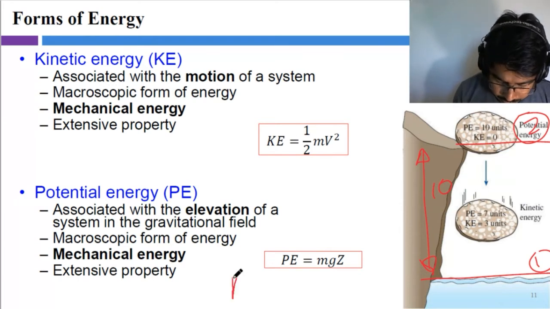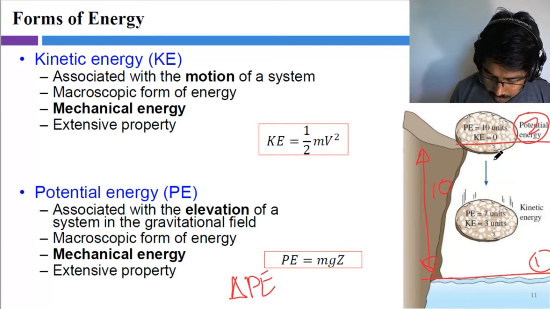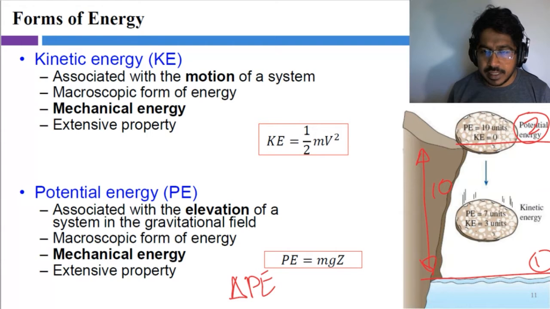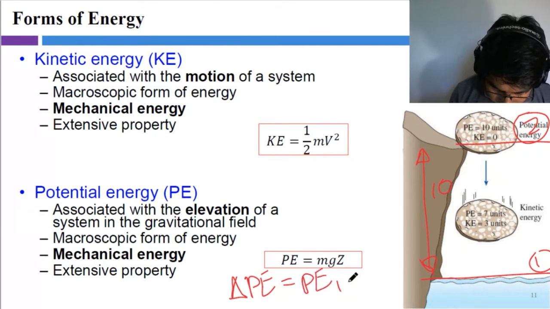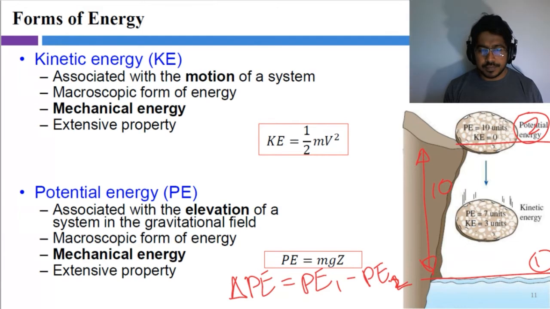When we want to find delta PE, to evaluate how much potential energy is converted from PE to KE during this fall, we want to get PE1 minus PE2. Do you agree with this one? The potential energy we had at the first point minus the potential energy we had at the second point, right?